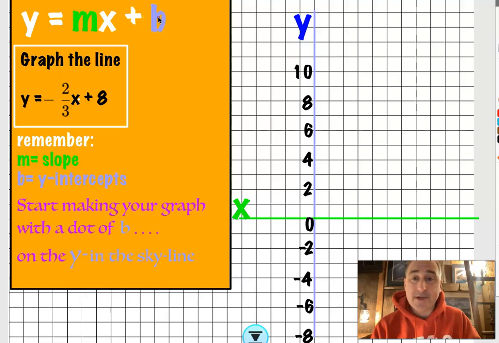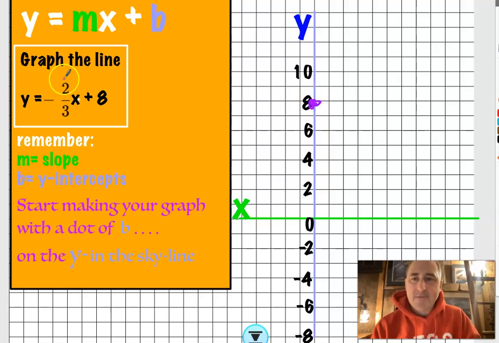B for begin. So we're going to begin with the first dot at 8, positive 8. So I start here at 0, where the x line and the y line come together, and I'm going to count up to 8. So there's 1, 2, 3, 4, 5, 6, 7, 8. It's on the 8th line, so I put a dot.